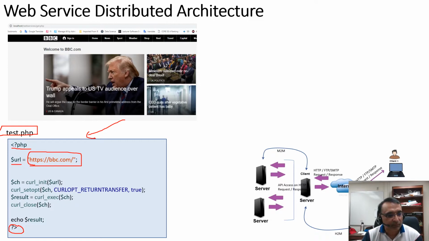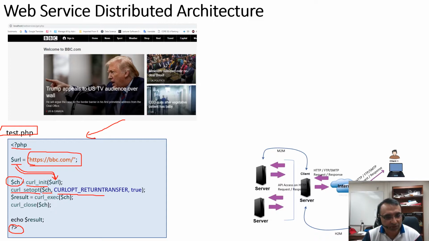Then pass this URL as a parameter to the curl_init method, and we store it in a C handler, ch. Then we pass this ch to another method called curl_setopt.